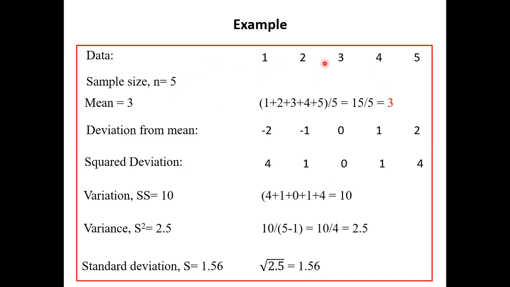So for this data set, the mean is 3, the center, and the spread, how much difference between the data points, is 1.56. So it will be expressed as 3 plus or minus 1.56. We'll do more detail later.